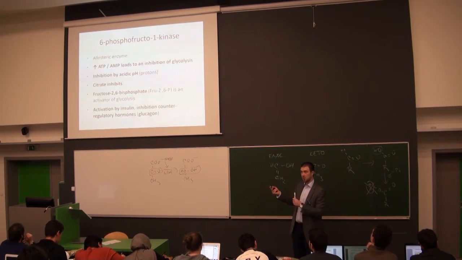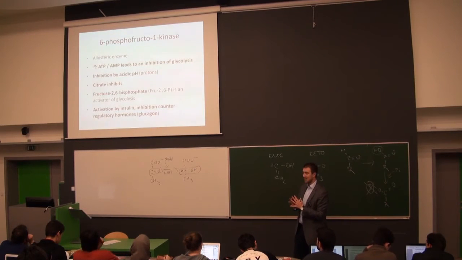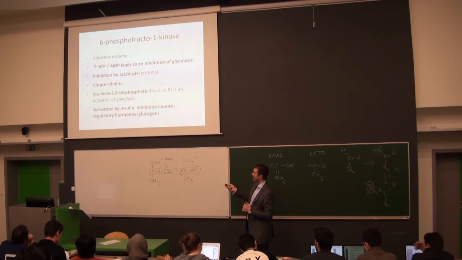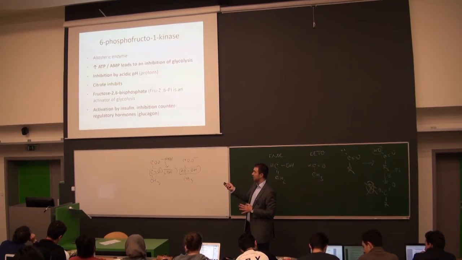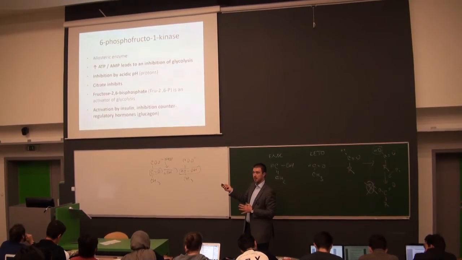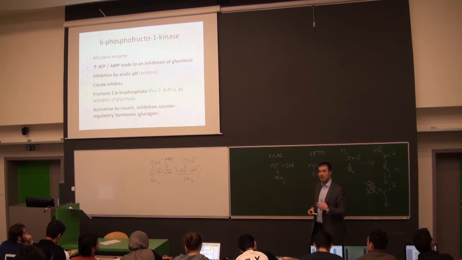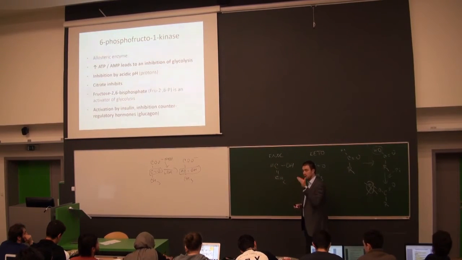The dephosphorylation will activate the enzyme producing fructose 2,6-bisphosphate, and this intermediate is an activator of glycolysis. Therefore, insulin indirectly, through production of fructose 2,6-bisphosphate, activates glycolysis. It's logical, since insulin wants to decrease glycemia, and glycolysis is a pathway consuming glucose.